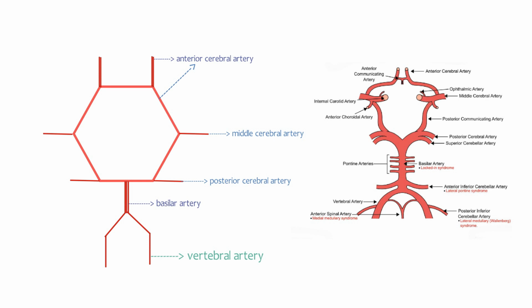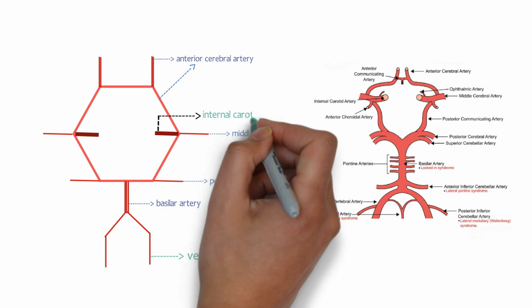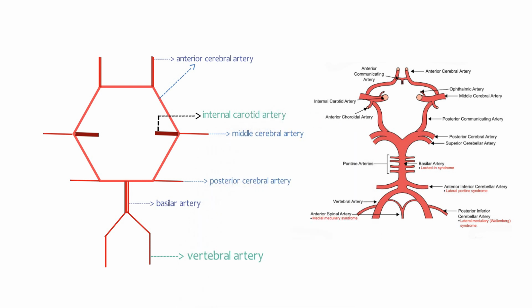I never mentioned it. So, in the middle of this hexagon, let's draw two horizontal lines just opposite to the middle cerebral artery, facing into the hexagon, and these two are the internal carotid arteries. In this whole diagram we left two lines, if you remember.